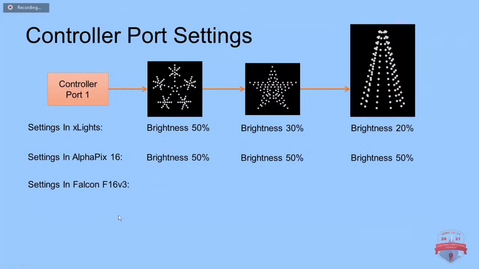Well, the Falcon and the FPP, they support virtual strings, which this allows in the controller to kind of do virtual settings based on different parts of the data in the buffer, so low level in the controller. So when you change the settings in xLights to be 50, 30, 20, in the controller on that prop, it'll actually do that 50, 30, 20.